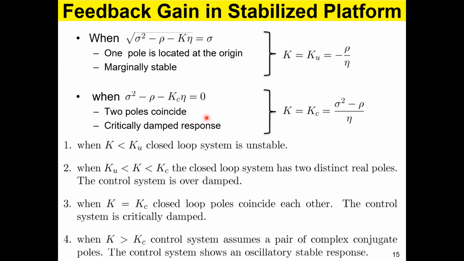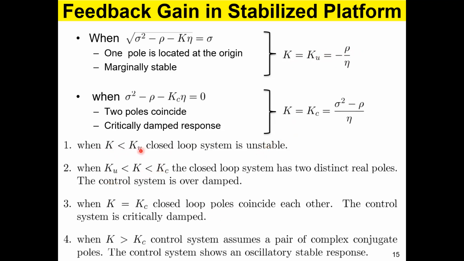So when you reduce the gain, for our understanding, there are limits, right? Ultimate gain when K is like this, and critical gain when gain is like that. When the gain is less than the critical gain, ultimate gain, one of the poles is on the right half plane, that is unstable.